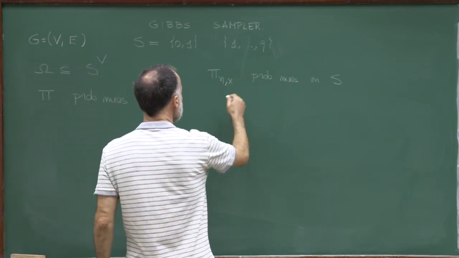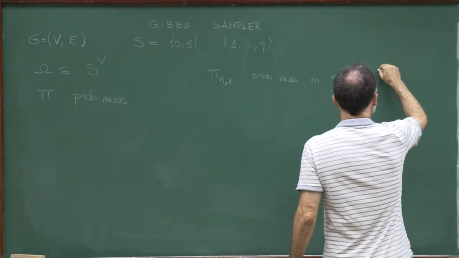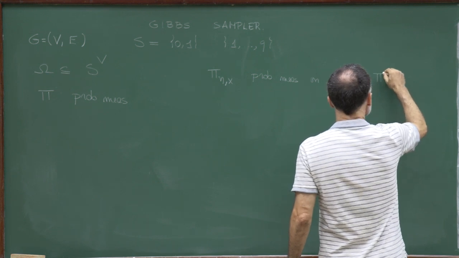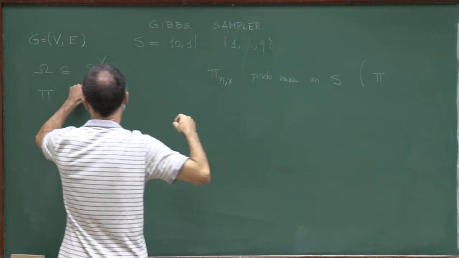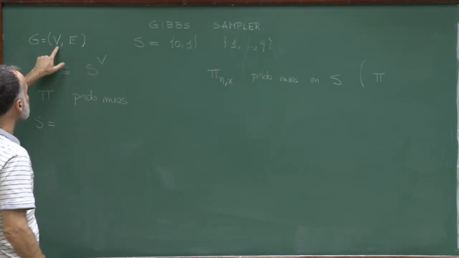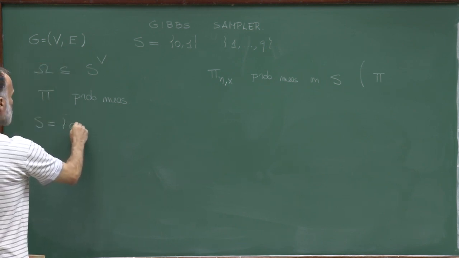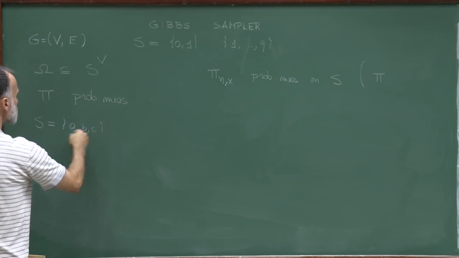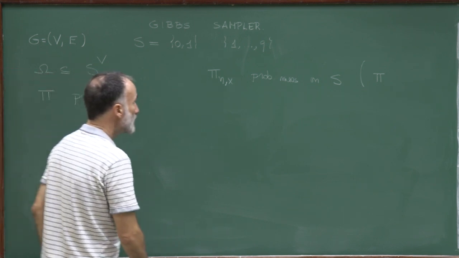And which is this probability? Formally, let me call the points of S A, B, C, and so on. So these are the elements of S. They are represented by the letters A, B, and C.